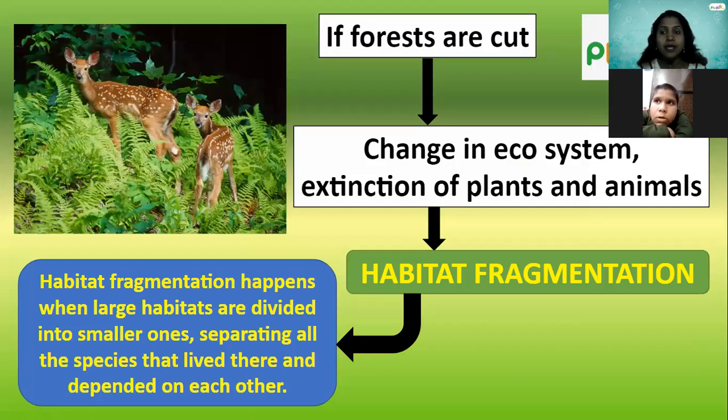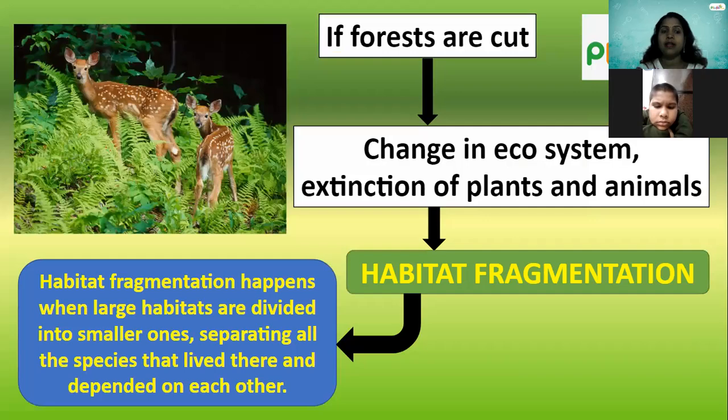That means how this will be affected. That means the food chain will also be affected because of deforestation. Because all are dependent on each other. So because of deforestation, what happened?